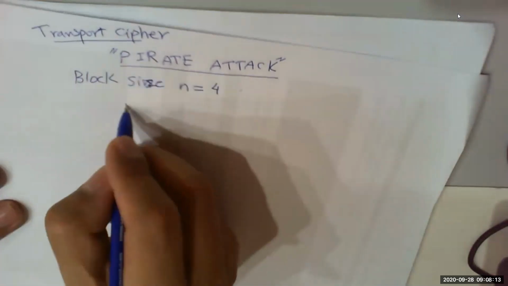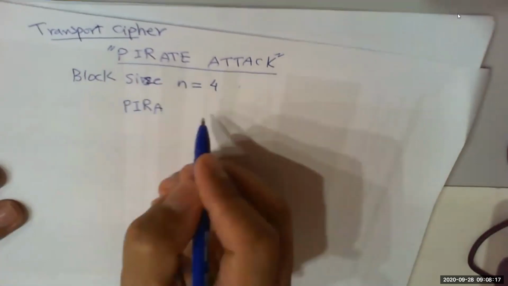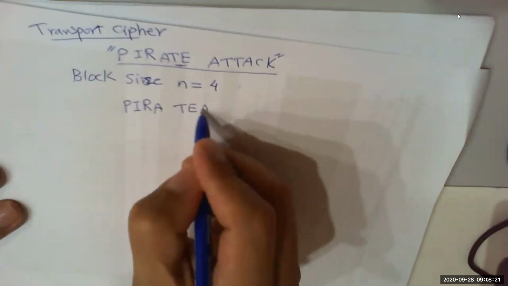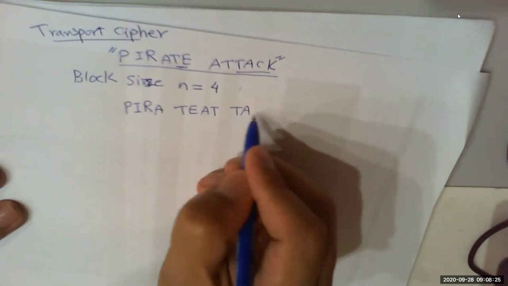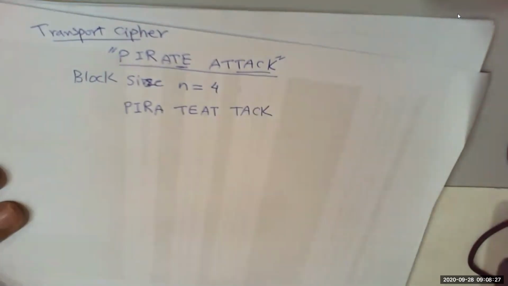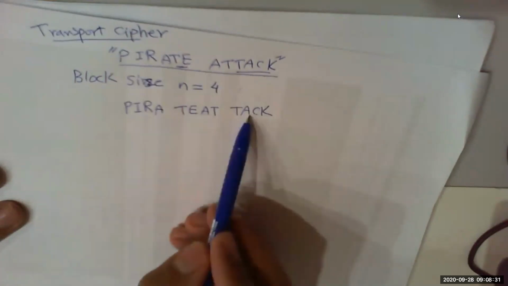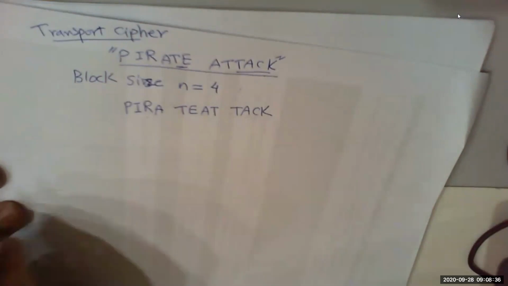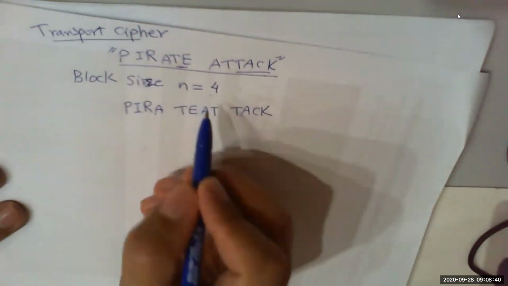I take the first four: P, I, R, A, and then T, E, A, T, and then T, A, C, K. I divided the text into 3 blocks of 4 letters because we have block size n equal 4.